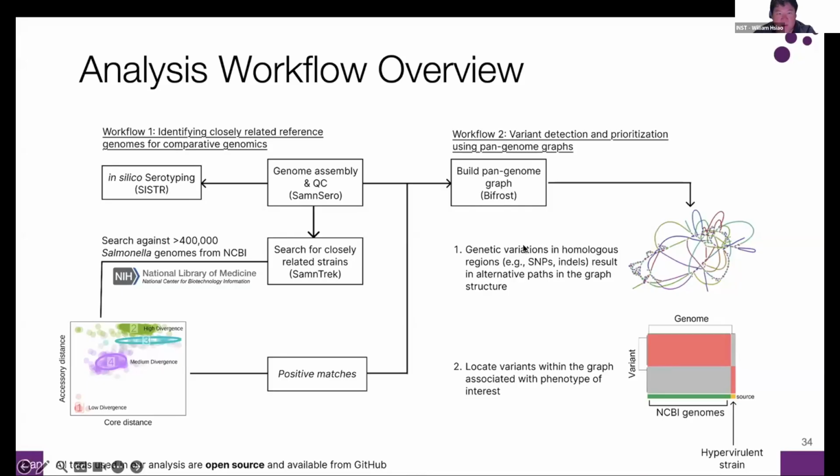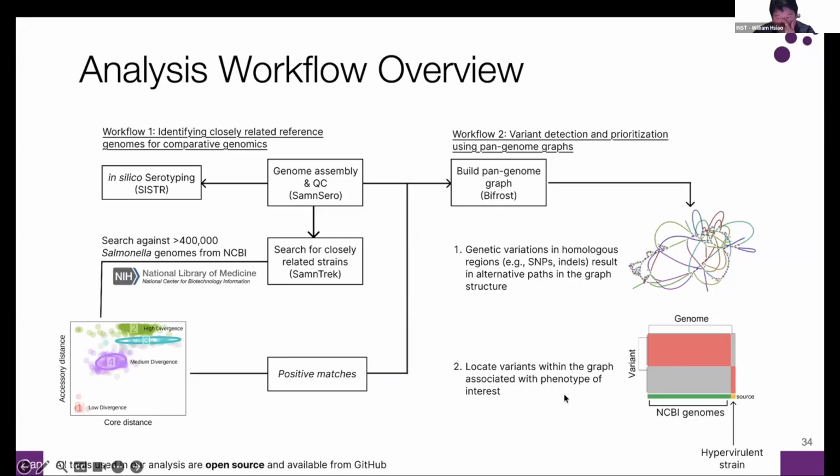And genetic variations in the homologous regions then result in alternative paths in the graph structure, right? In other words, they can be aligned, but they're not identical, so they form a bubble in the graph, right?